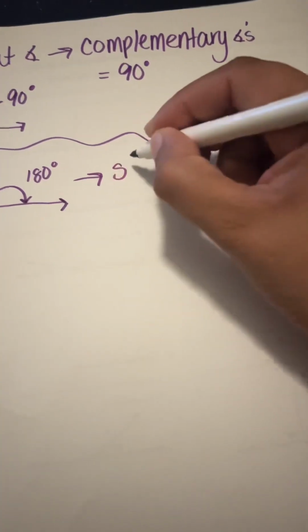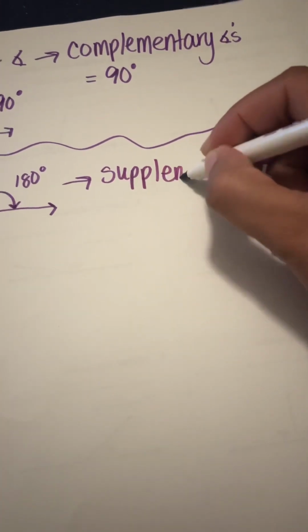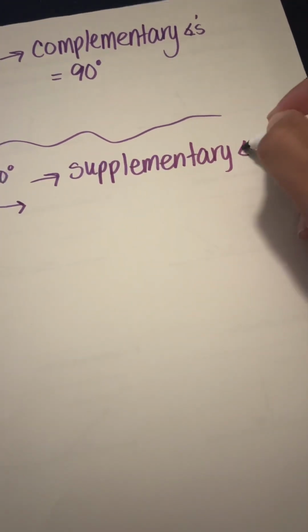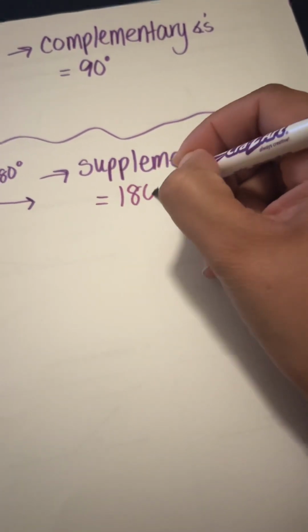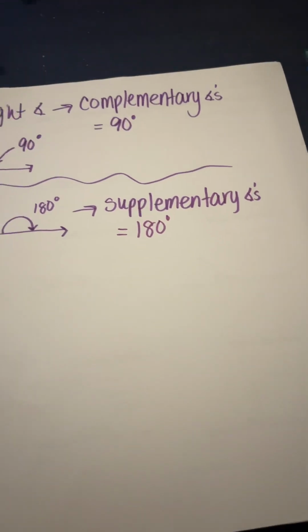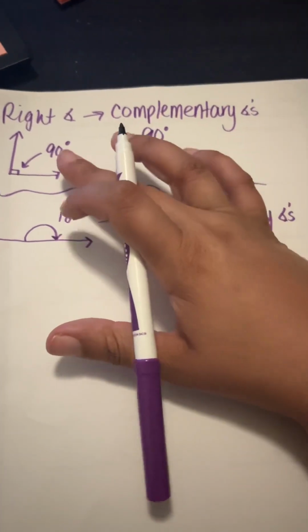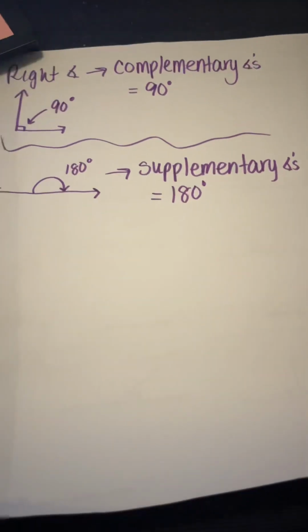We call those supplementary. Supplementary angles are two angles that add up to make 180. Just know, whenever it comes to complementary and supplementary, we are adding the angles to make 90 and 180.